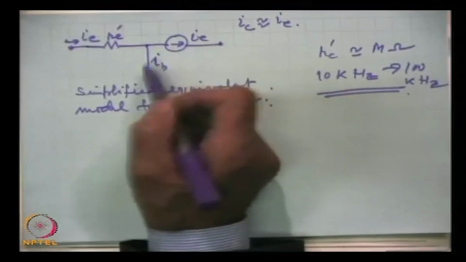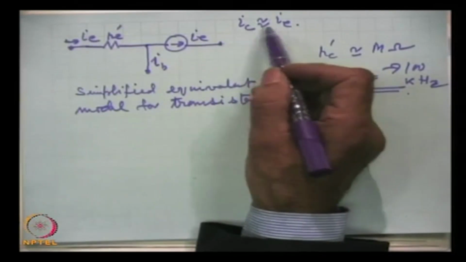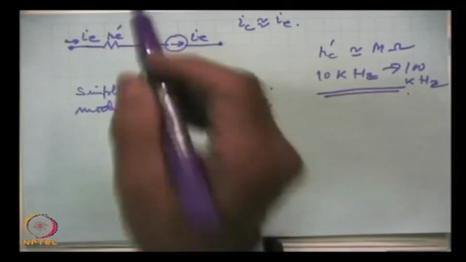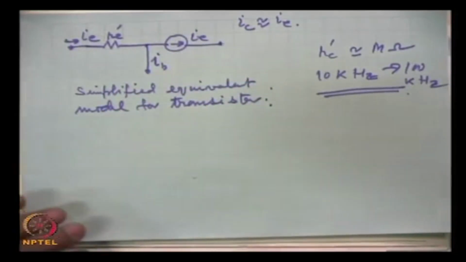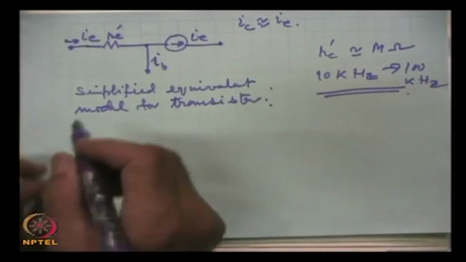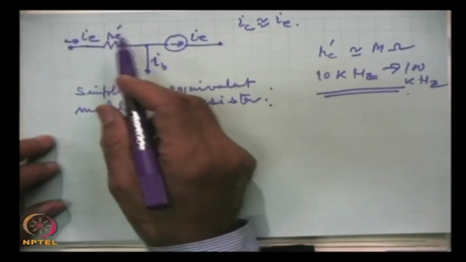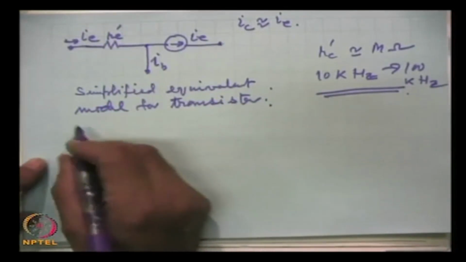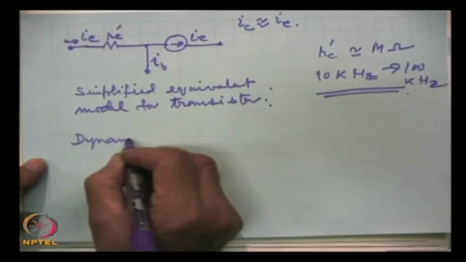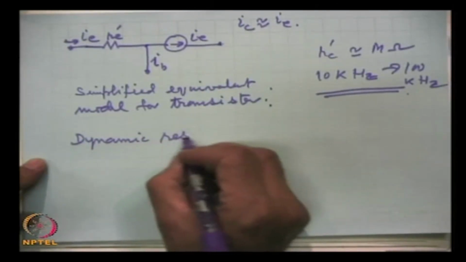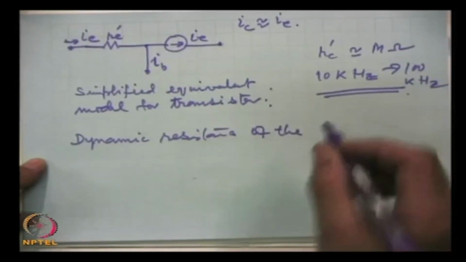Here these are the currents I C, I E and I B, and I C is equal to I E. How do we get the dynamic resistance of the emitter? I can show you how practically we can get its value.